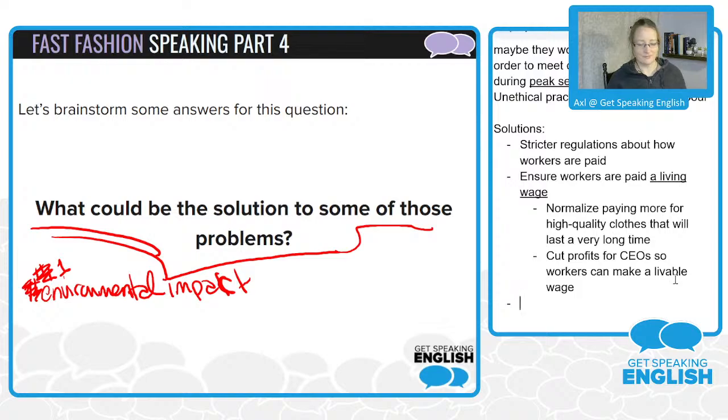What else do you guys think we could do? Anyway, they are putting high prices on these clothes at least. Yeah, there's a huge markup on clothing.